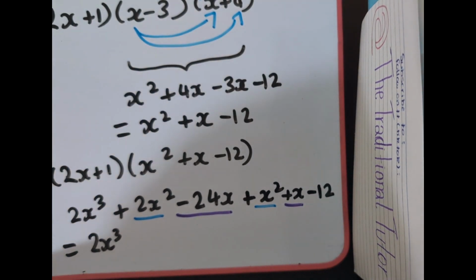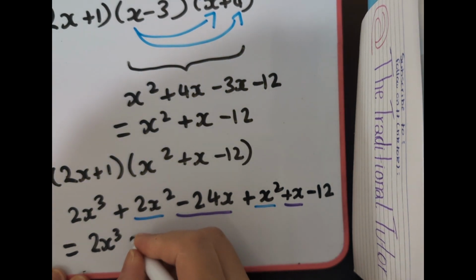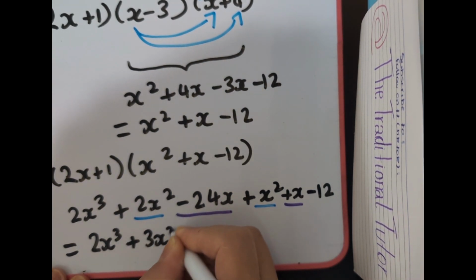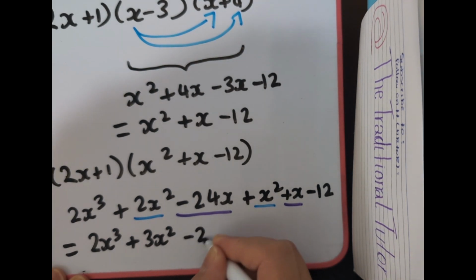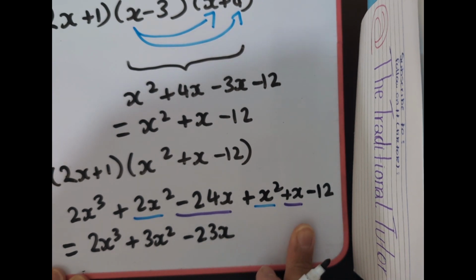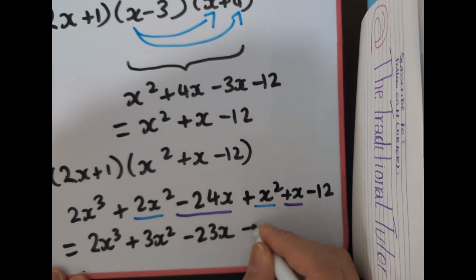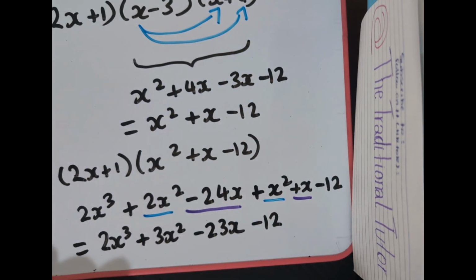Okay, right, so that's all of our like terms. Now if we collect them, we get 2x squared plus x squared gives me plus 3x squared, minus 24x plus x gives me minus 23x, and then we've just got left our minus 12. Okay, and that is my final answer.